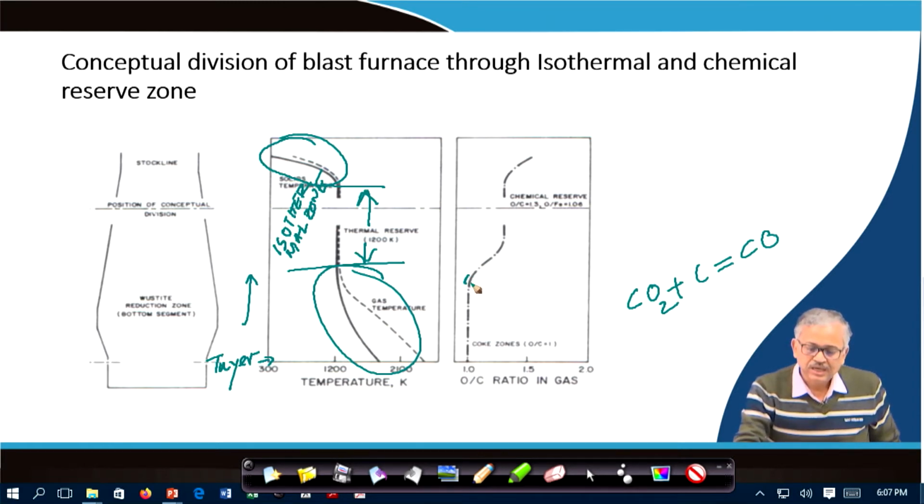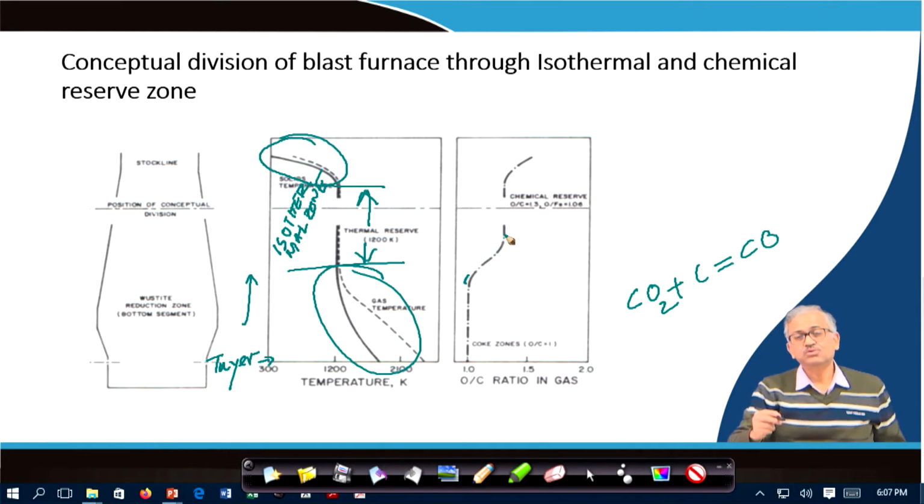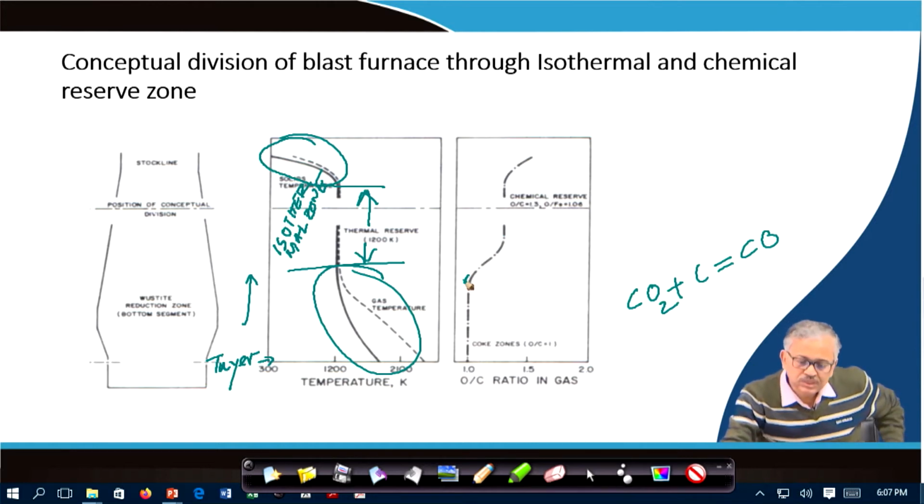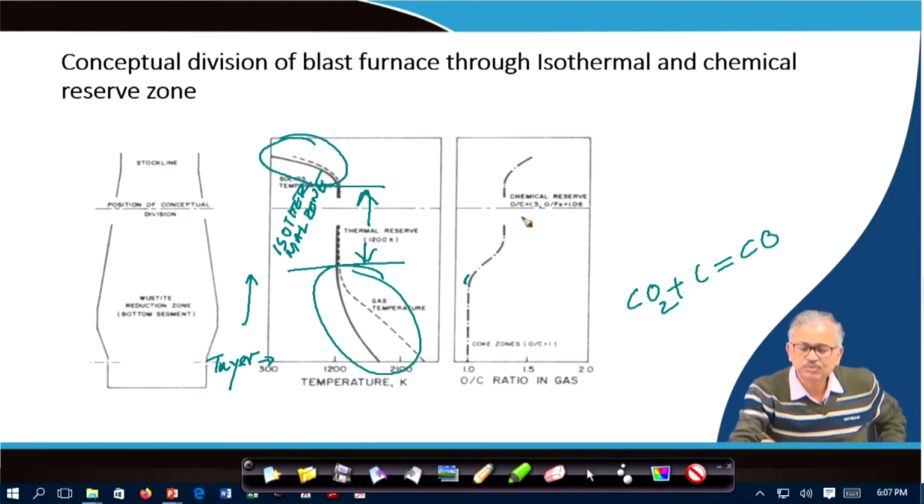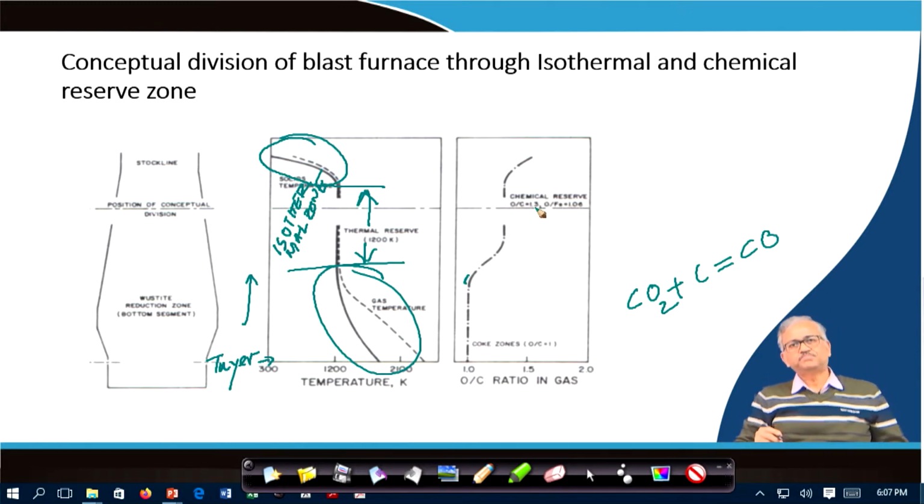So, as the CO2 in the gas is increasing, the O by C ratio is increasing, indicating that the CO2 in the CO-CO2 gas mixture is increasing, right. Then you can find again the O by C has become constant in this region. In this portion, O by C is around 1.3.